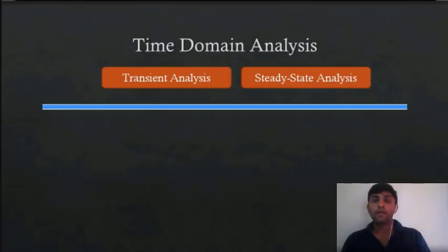Let me divide our time domain analysis in two parts, and those are transient analysis and steady state analysis, as I was discussing. So what is transient analysis and what is steady state analysis?